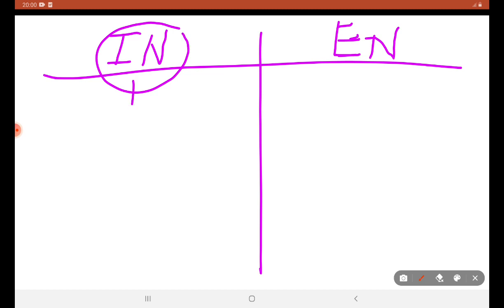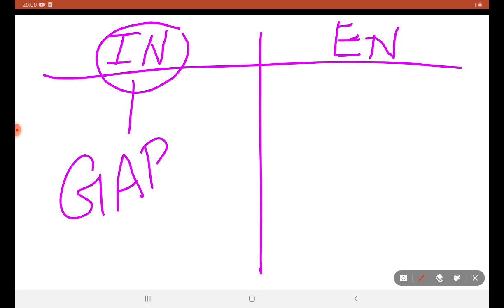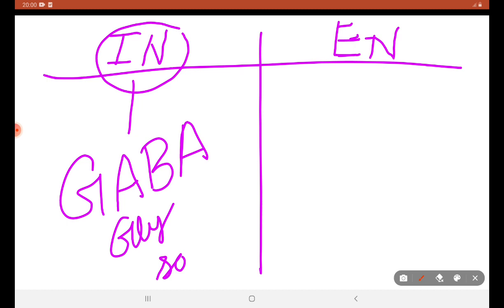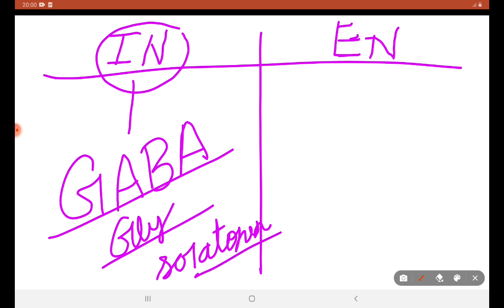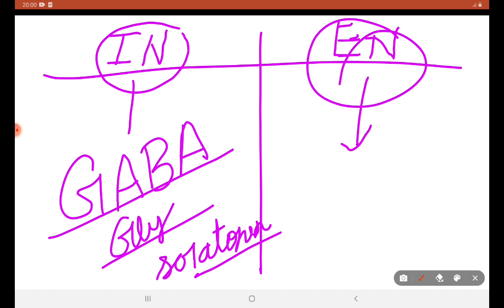Inhibitory neurotransmitters: we have GABA, gamma aminobutyric acid. We have glycine. We have serotonin in the function of neurotransmission. These are inhibitory. We also have acetylcholine in both inhibitory and excitatory, but mostly excitatory functions of acetylcholine are concerned, so acetylcholine comes under excitatory neurotransmitters.